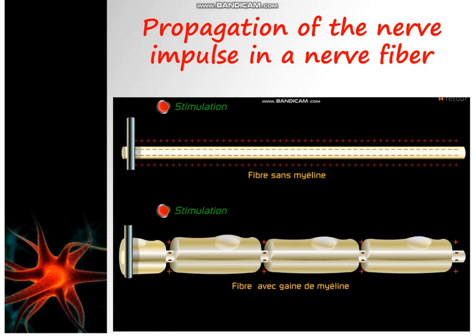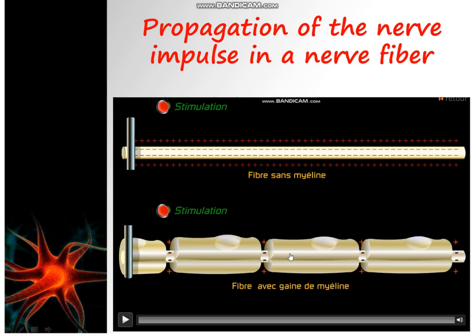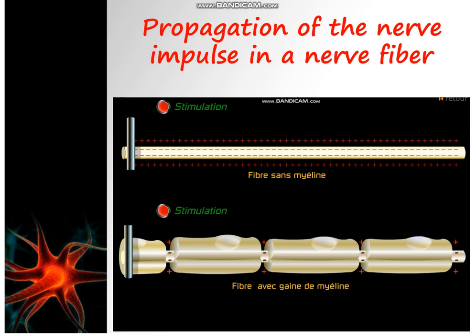Let's see. In this experiment, we have two nerve fibers of same diameter. The first one is non-myelinated and the second one is myelinated. And we know that the myelin sheath is a discontinuous layer.